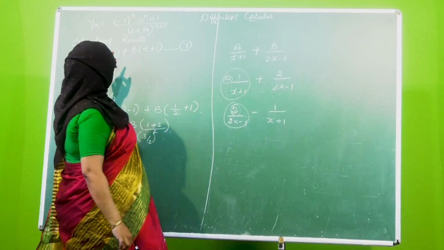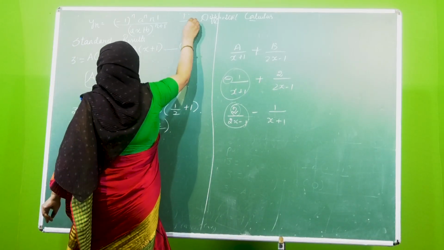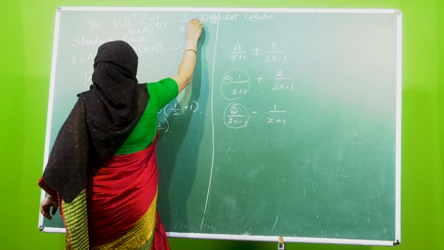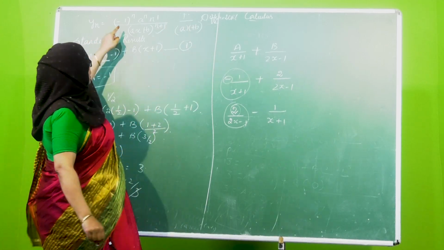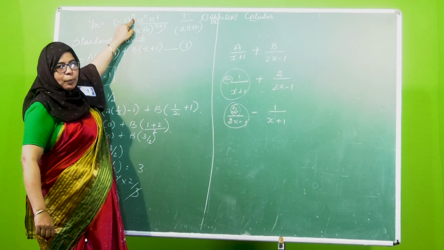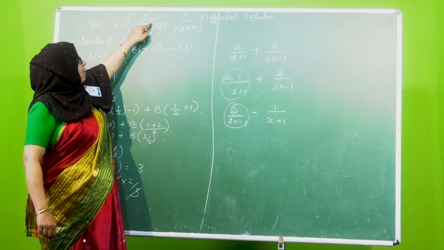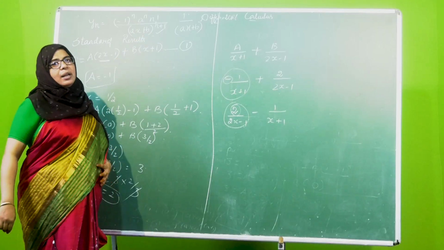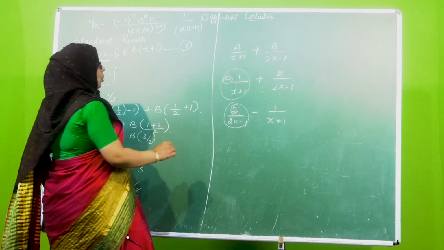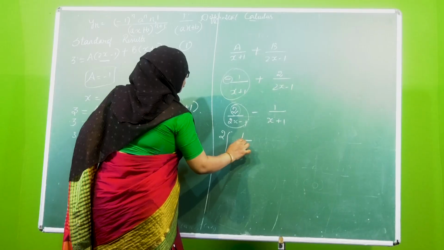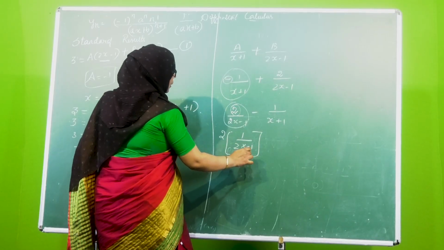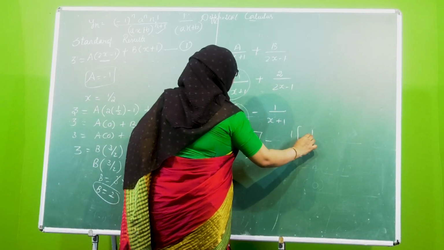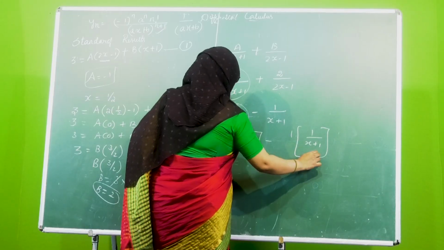So we know the result for 1 by ax plus b. The standard result says minus 1 whole power n, a power n factorial divided by ax plus b whole power n plus 1. So 2 into 1 by 2x minus 1, minus 1 into 1 by x plus 1.